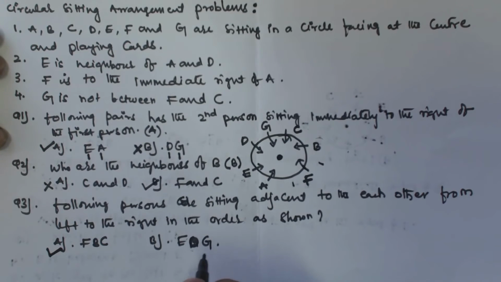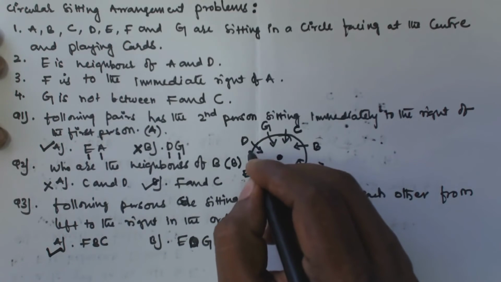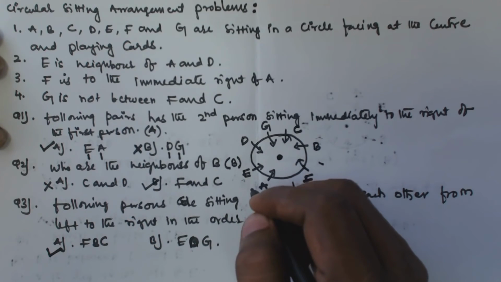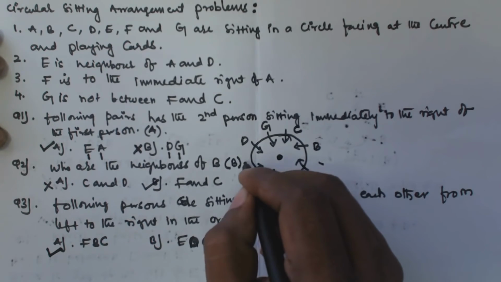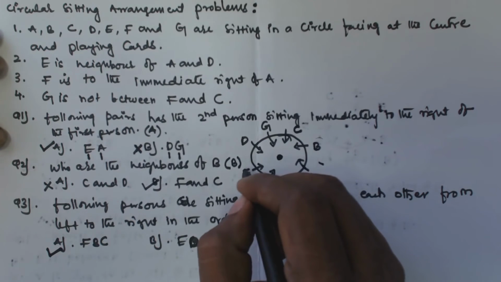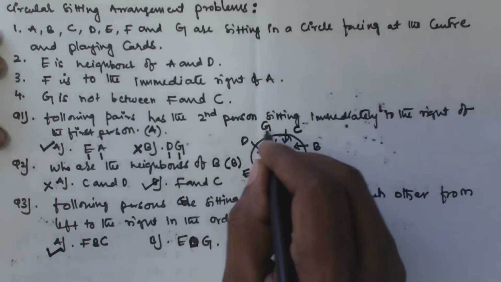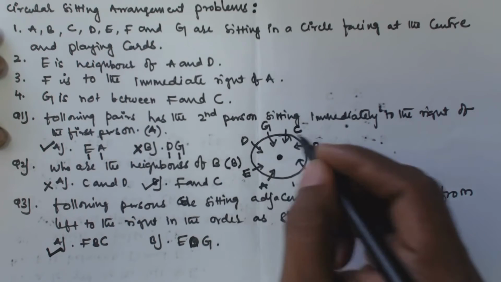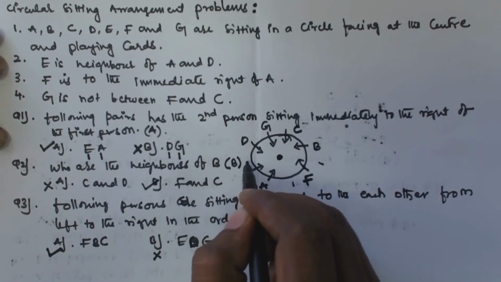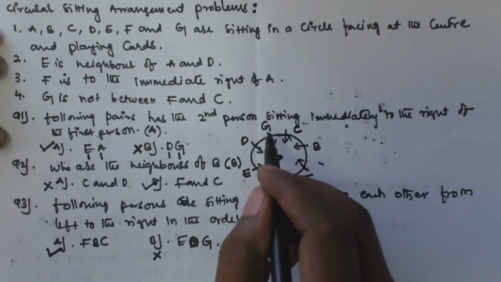Now let's check E, D, B. Here we are moving to the left side of E only.